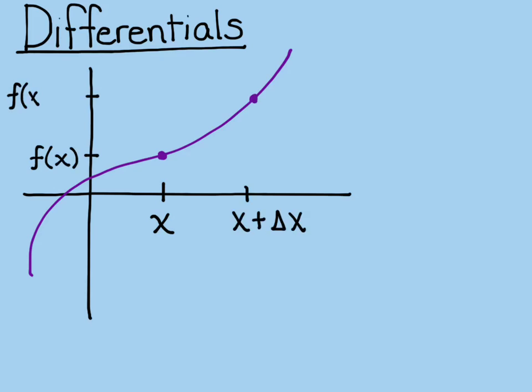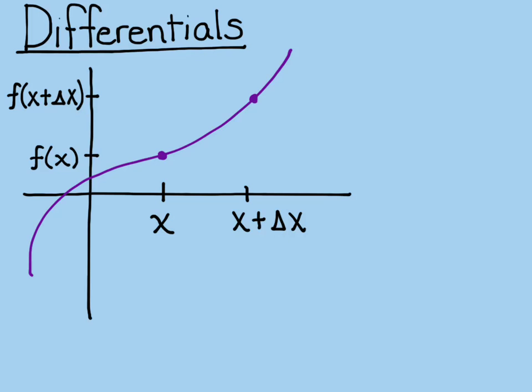Consider the following function f of x and the point x, f of x on the function. If we look at a point that is relatively close to this first point, let's say that the x value of it is x plus delta x, where delta x shifts it just a little bit to the right.